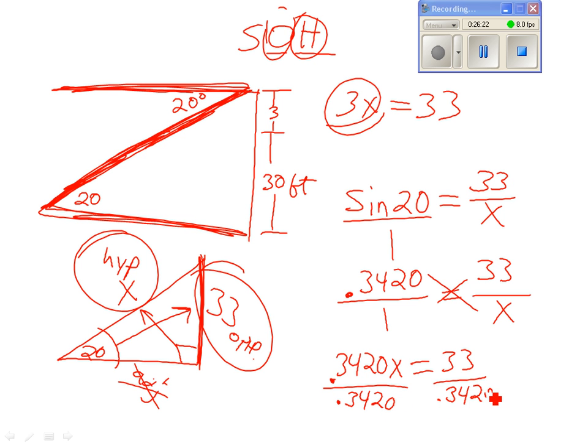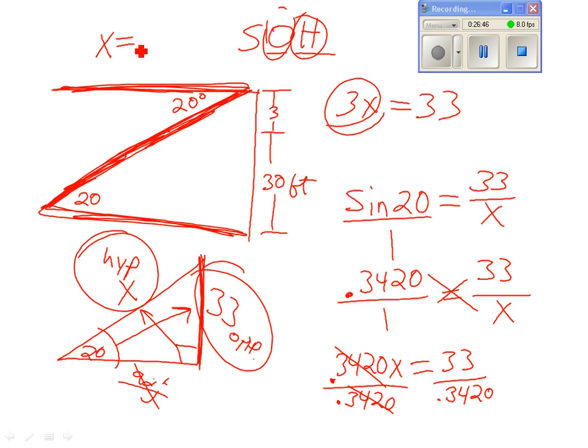Before anybody hollers out an answer, what should happen to a number when you divide by something like 0.3? It should get bigger. Before I ever grab my calculator to do this, some of you, this won't help, and that's fine. But I know 0.3 is about a third, right? That's somewhere close to a third.